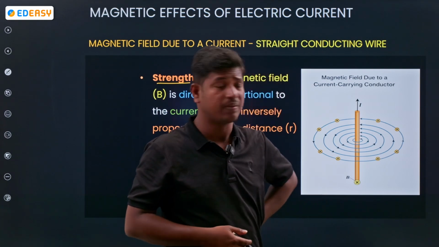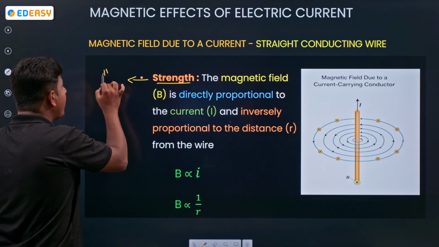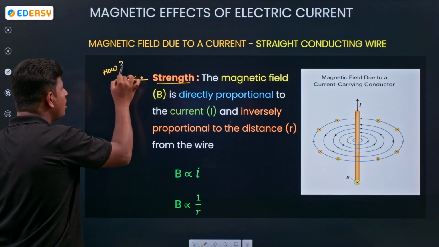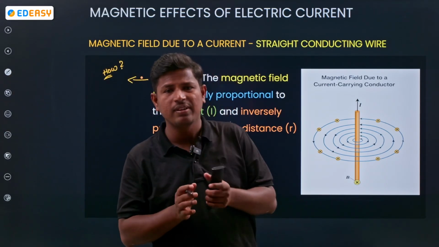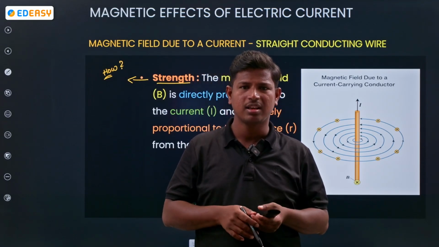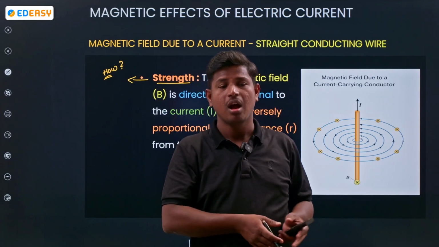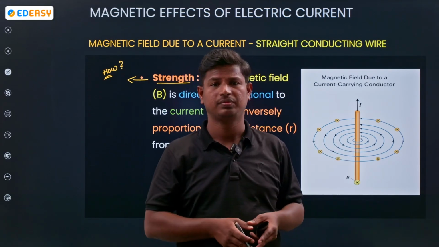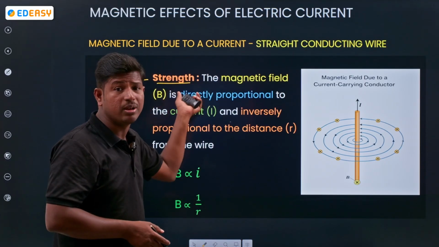Next, strength of the magnetic field. How will attraction be? How will repulsion be? It depends upon the strength only. Strength is nothing but how it attracts a magnetic material and how it repels.